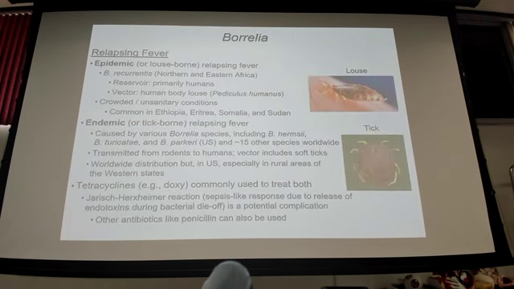Okay, Borrelia species. So we have a bunch of different species that can cause relapsing fever. Make sure you understand that you have different vectors associated with epidemic or endemic forms of relapsing fever, and that influences the geography and the endemicity of these diseases.